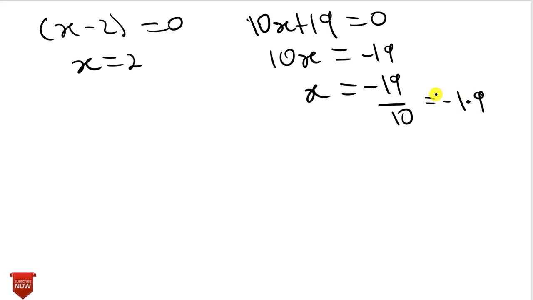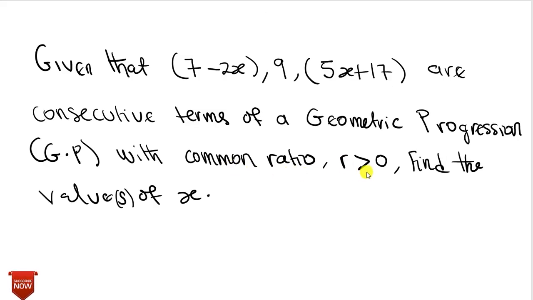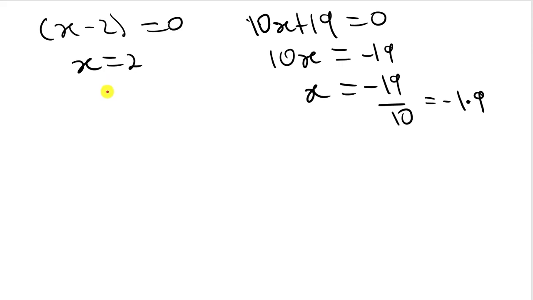So these are the two values for x that we are going to get. But don't forget that the question said with a common ratio r being greater than 0. If that is the case, if you try testing with the two x values, the value that is going to give us the common ratio to be greater than 0 is x being equal to 2. Okay, let's try testing that.